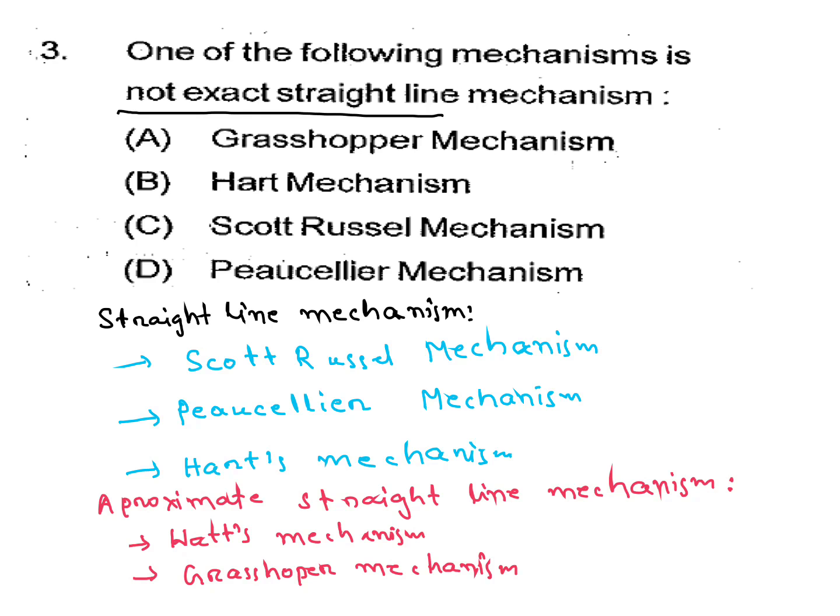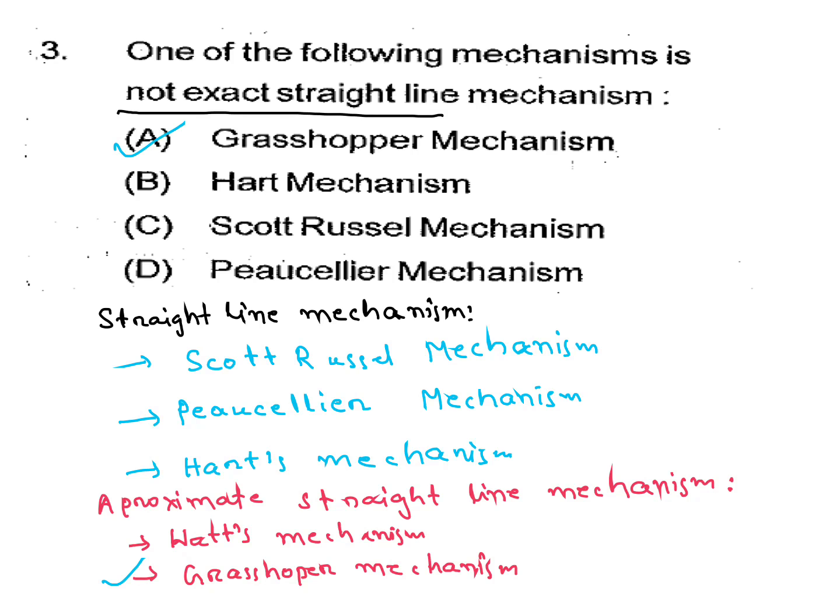In this question they ask for the one that is not an exact straight line mechanism. So the option is this one, the Grasshopper mechanism. A is our answer.